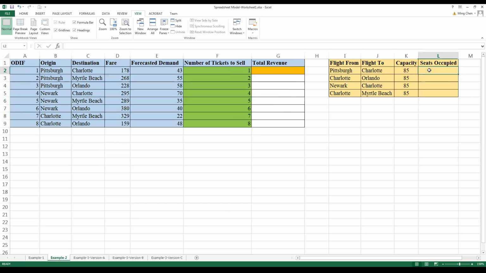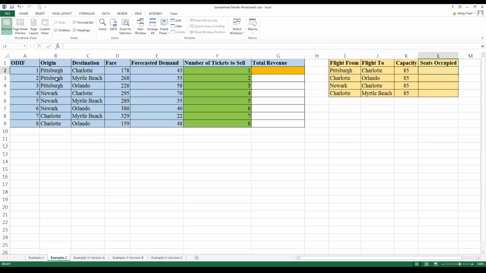So first of all, who's going to use the seats? So who's going to take the seats on this particular flight? If you look at these different OD pairs, what passengers will be taking this flight? Of course, those who fly direct from Pittsburgh to Charlotte, they will be using seats here. But they are not the only passengers who will be occupying seats. There are more passengers.